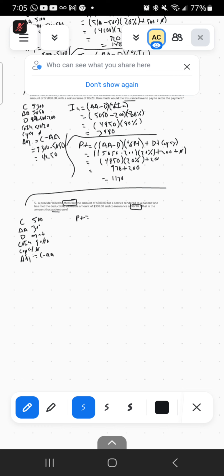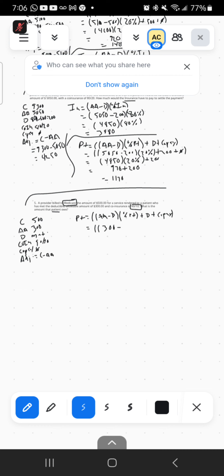Patient now pays the allowed amount minus deductible times the percentage for the patient plus deductible plus copay. The allowed amount, in this case, was 300.